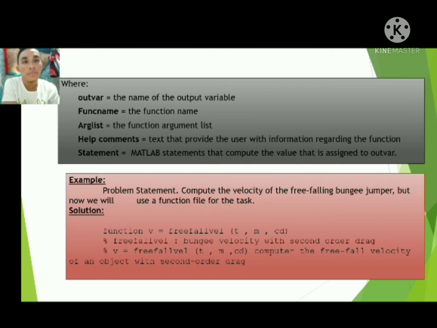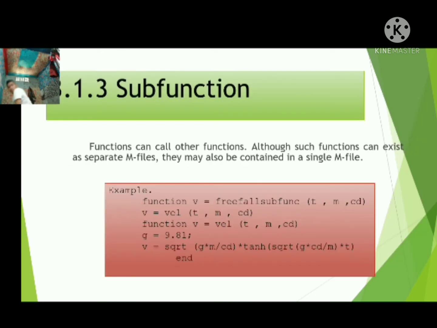Example problem statement: compute the velocity of the free-falling bungee jumper, but now we will use a function file for the task. Solution: function v = freefallvel(t, m, cd), % freefallvel: bungee velocity with second-order drag, % v = freefallvel(t, m, cd) computes the free-fall velocity of an object with second-order drag.